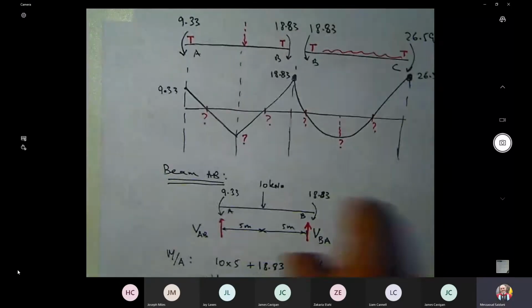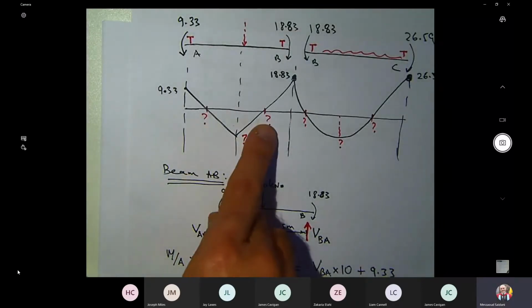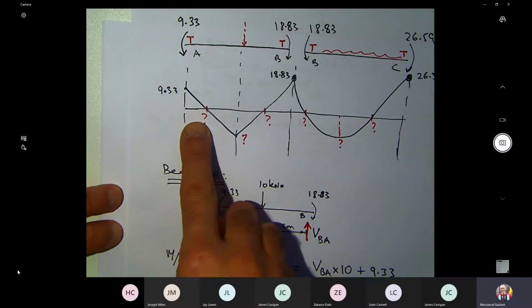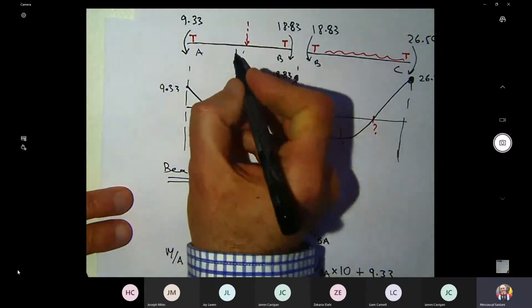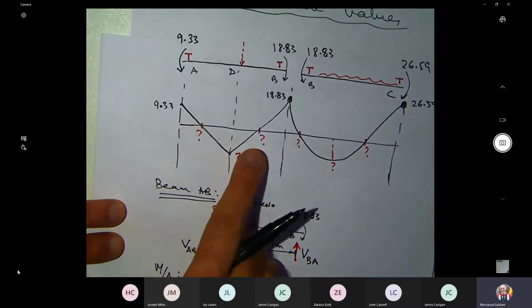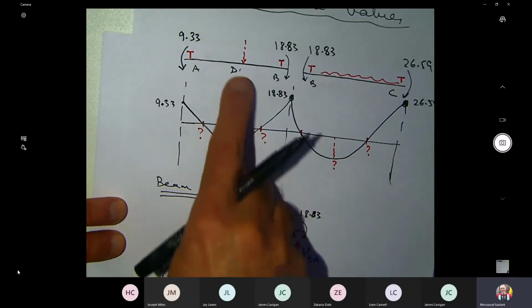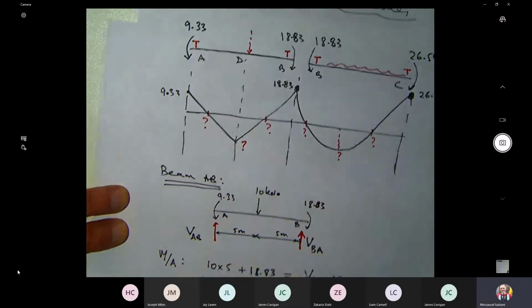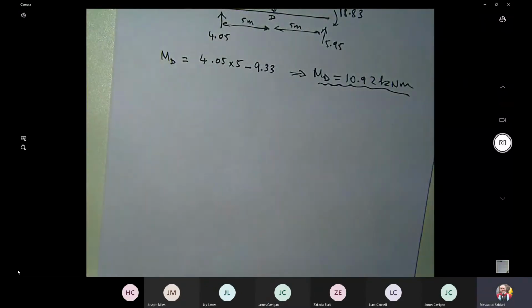So how do we determine these points of contraflexion? There are 2 points. There is 1 point of contraflexion between A and D, and another point of contraflexion between D and B, right? So I'm going to take 2 sections.